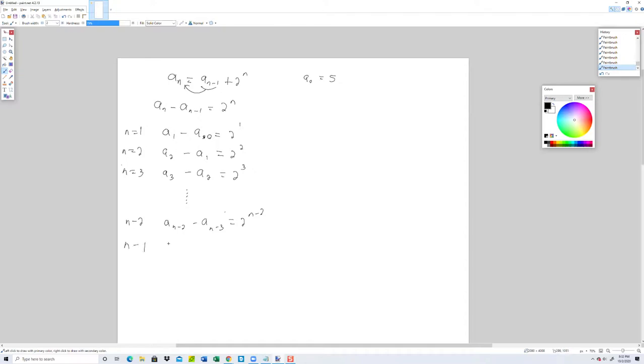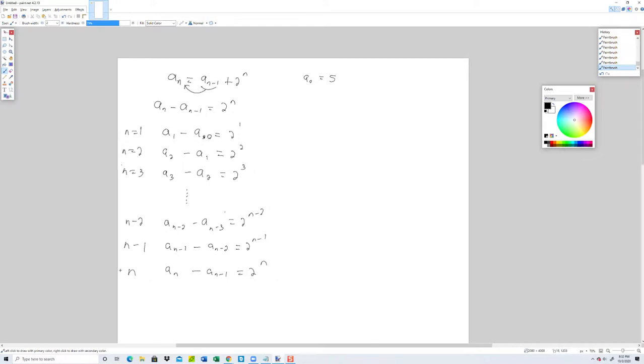N minus 1, I'm going to have a sub n minus 1 minus a sub n minus 2 equals 2 to the n minus 1. And then n, I'm going to have a sub n minus a sub n minus 1 equals 2 to the n.